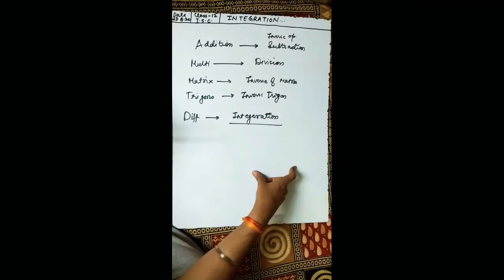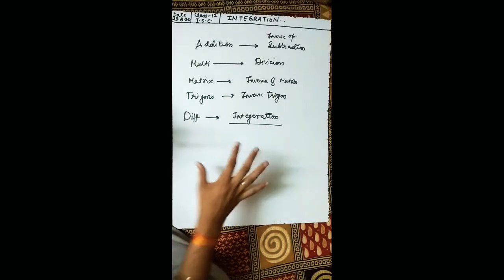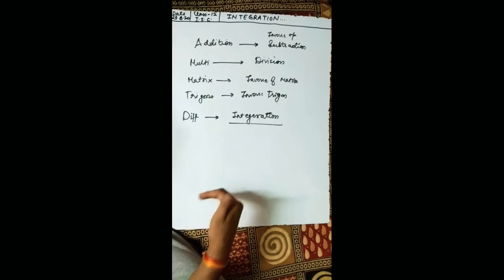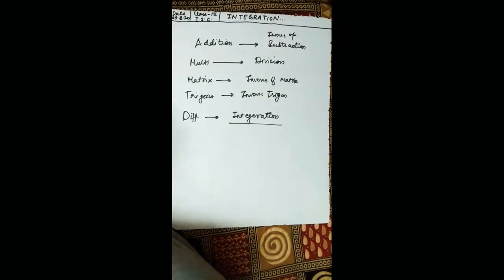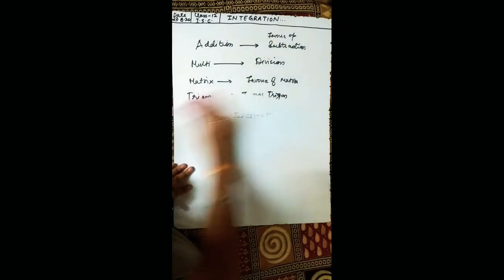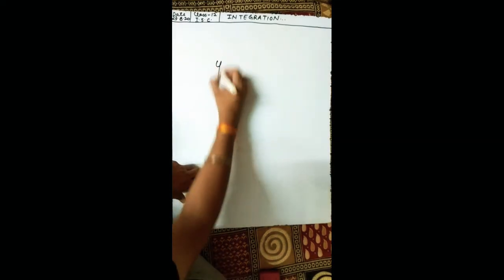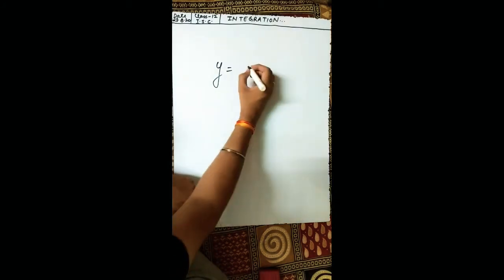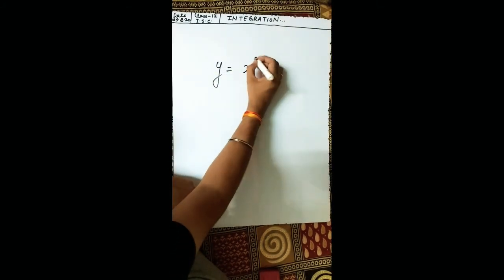Are you getting? Okay, so we are starting integration, and let me explain some things regarding it. Say, for example, if you have a function y is equal to x to the power 5.